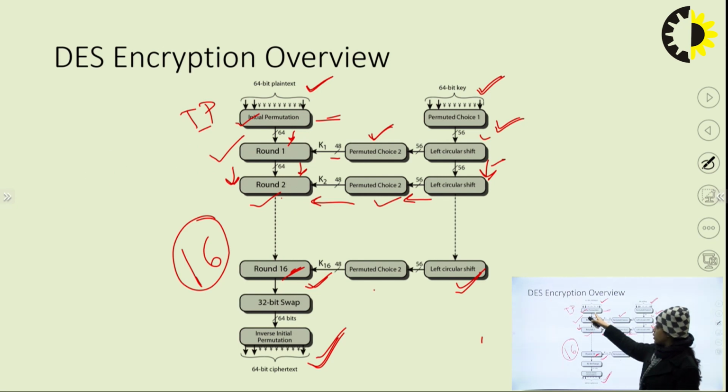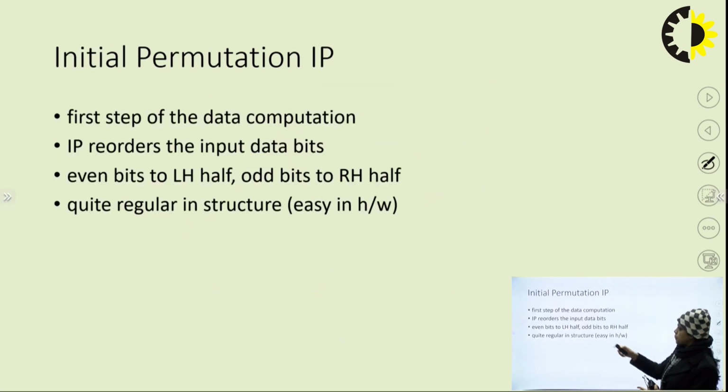As you can see, the initial permutation is written here. Input is 64 bits of plain text. Here in IP, we are just dividing our plain text into two halves depending upon odd and even. So even bits to the left half and odd bits to the right half. This is the initial permutation.